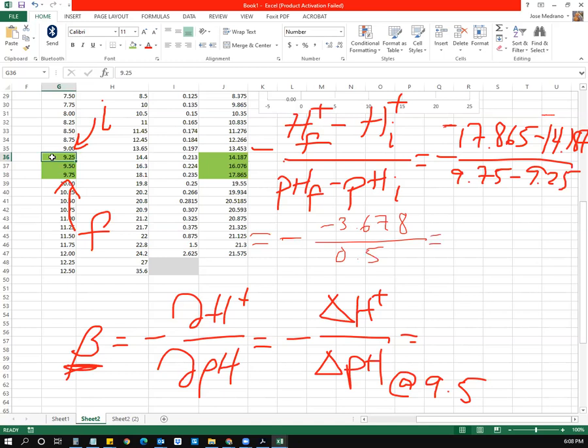And when we solve for this, the negative in the numerator of the fraction times the negative sign right before the fraction is going to cancel out. So our answer is going to be positive. That's great. 3.678 divided by 0.5 is going to be 7.356. But what's our units?